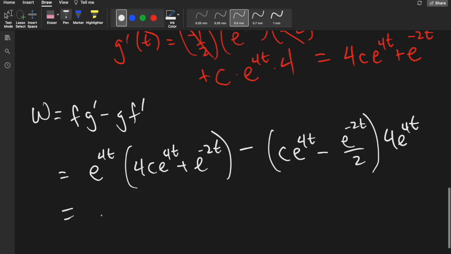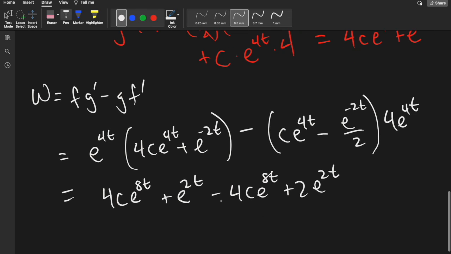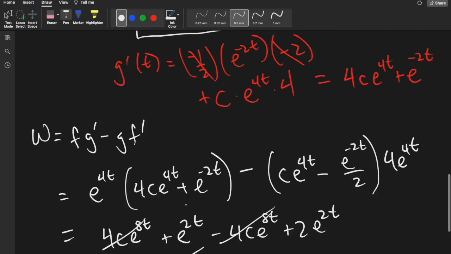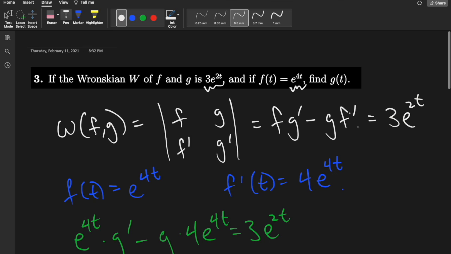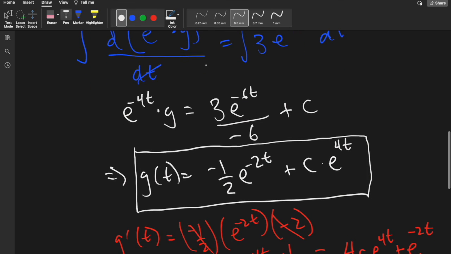We see that this term and this term cancel out, and what we're left with is 3e to the 2t, which checks out with what we were given in the beginning, 3e to the 2t. So our value of g that we found is correct: negative 1/2 e to the negative 2t plus c times e to the 4t for any constant c.